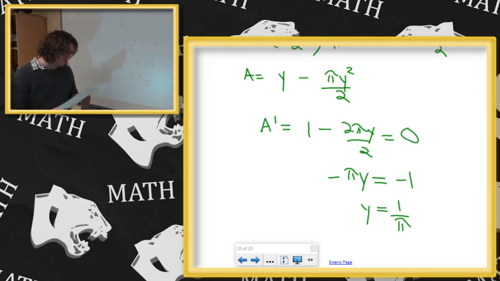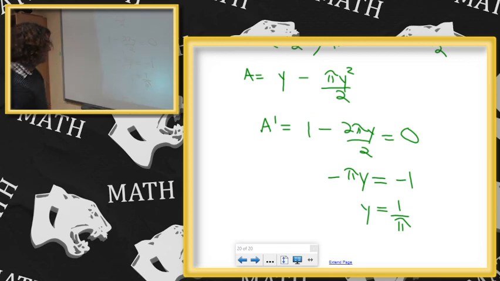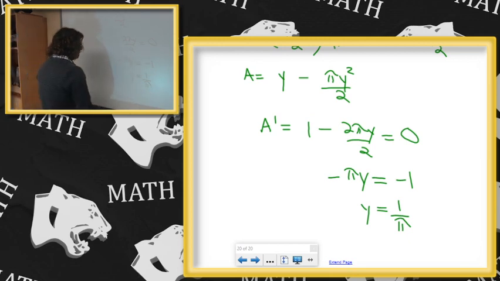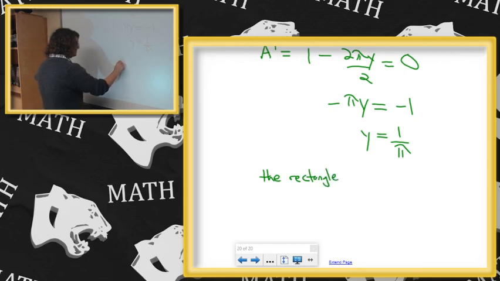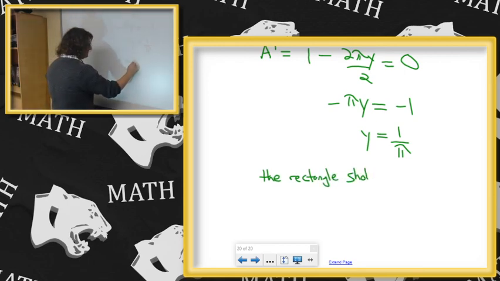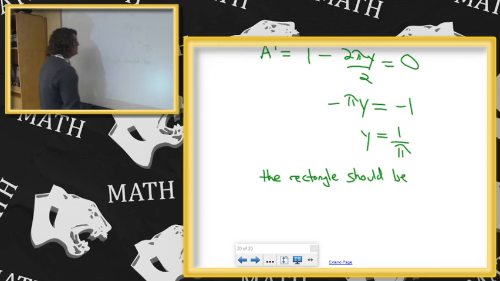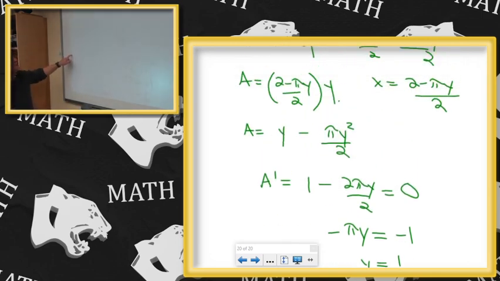Now, what are we looking for in the end? It says what dimensions should the track be built. So the rectangle should be 1 over pi by, and then we have a relation for the x and the y.